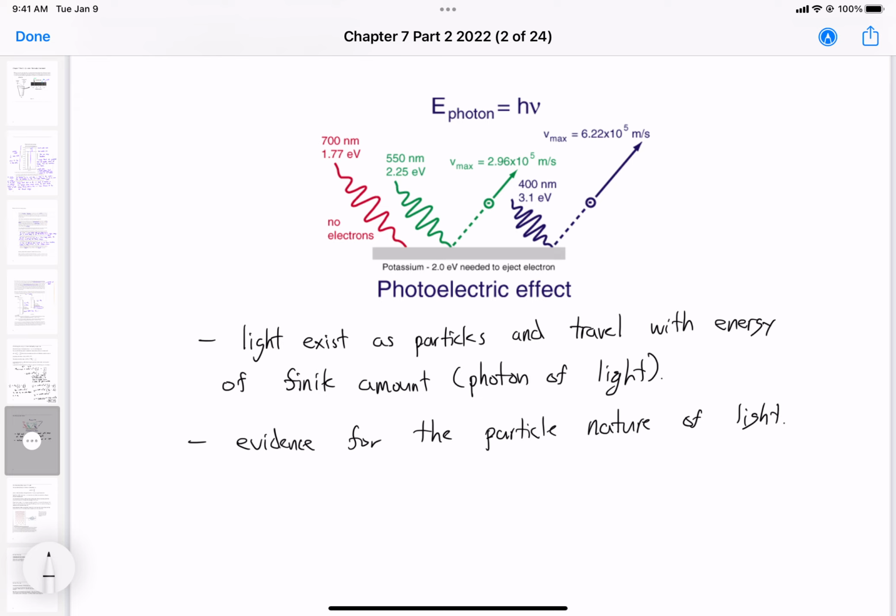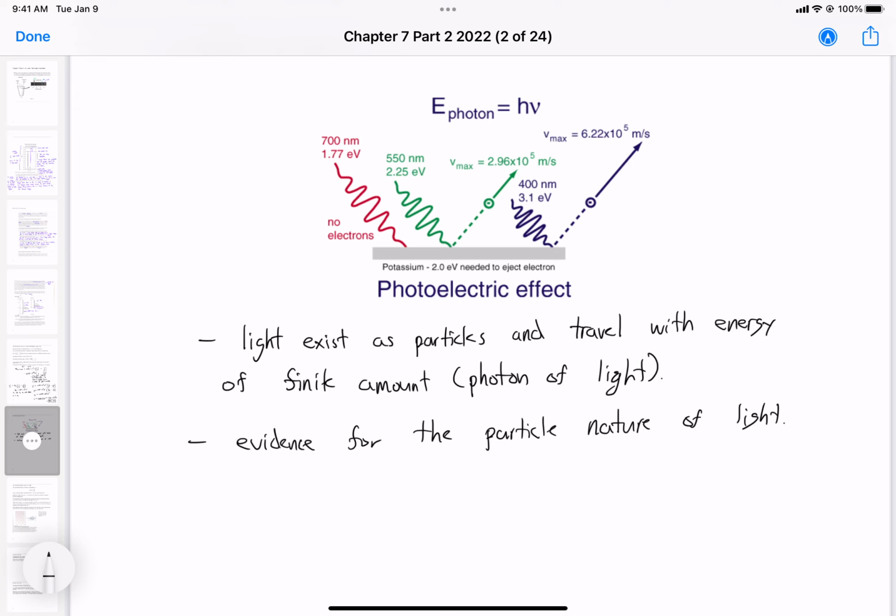Okay, so light exists in the form of energy of photons, or what we say, particles of light, and that these photons have specific quantities of energy, and that's where the term quantized comes from.